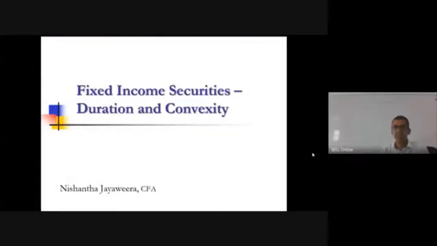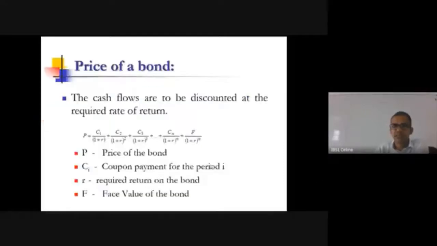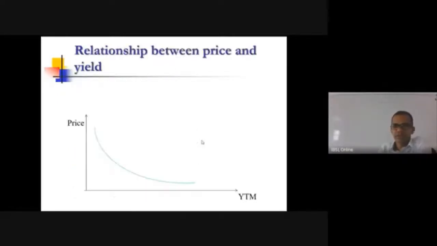Okay, the topic today is duration and convexity. This is the recap of what we discussed last week, how to calculate the price of a bond. Same thing, there's nothing new. Then the relationship that we discussed between price and yield: there's an inverse relationship.